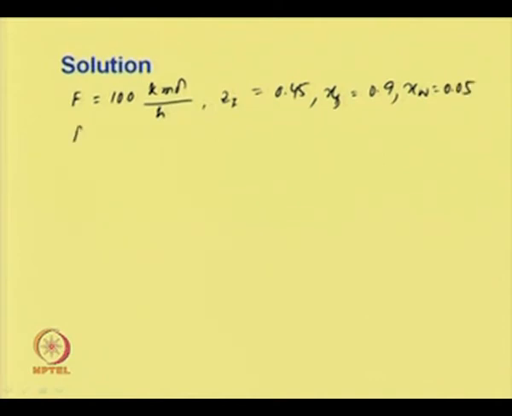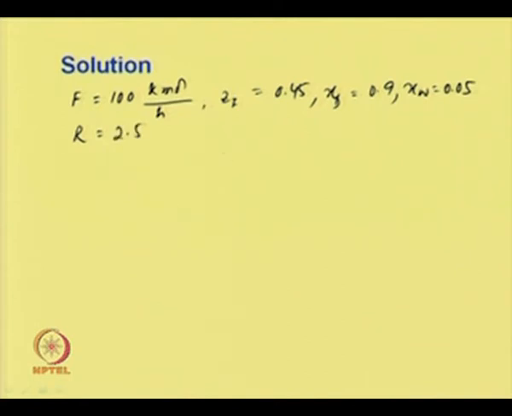Given F is equal to 100 kmol per hour, ZF is 0.45, XD is 0.9, XW is 0.05 and R is 2.5.